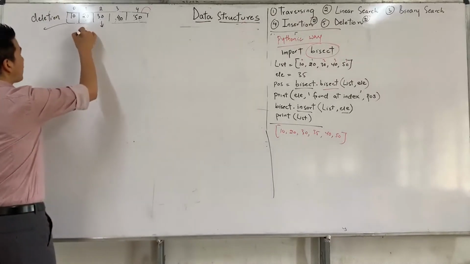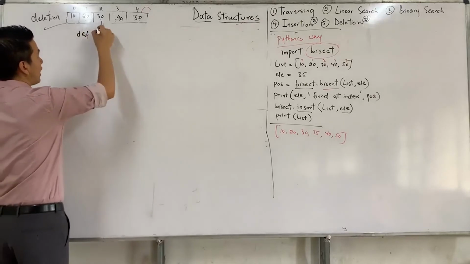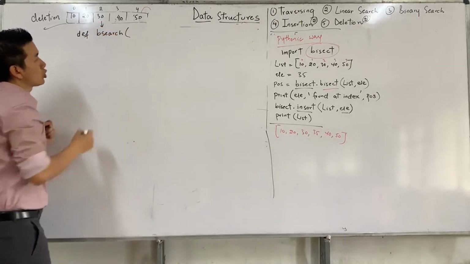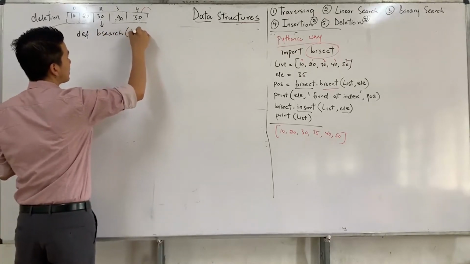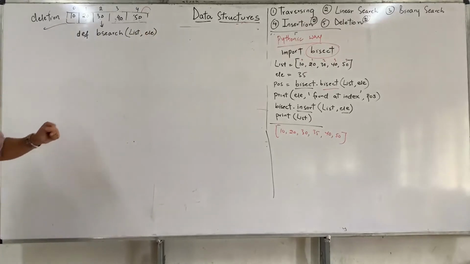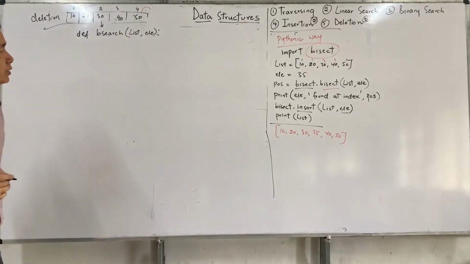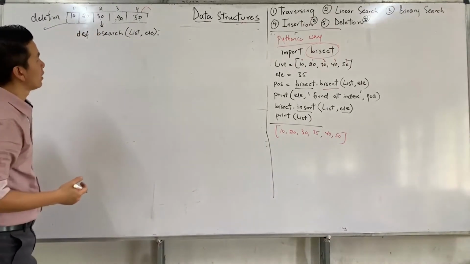Let's first start with the function definition: def, and then the name of the function, binary search, and then you'll have two arguments, list and ele. This element is to be deleted from the list. And then let's quickly write the binary search program.